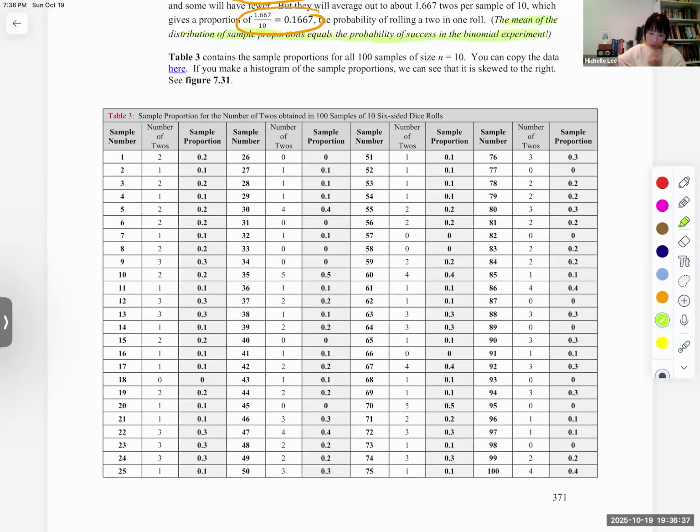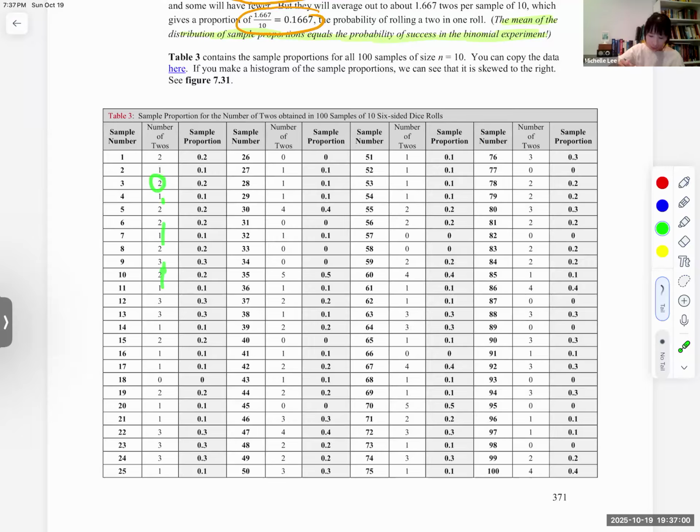Okay, now let's take a look at this table. We have the sample number of twos: 2, 1, 2, 1, 2, 2, and so on, right? And the sample proportion: 2 out of 10 is 0.2, 1 out of 10 is 0.1, 2 out of 10 is 0.2, and so on.